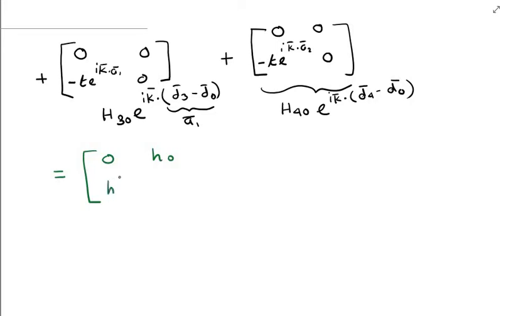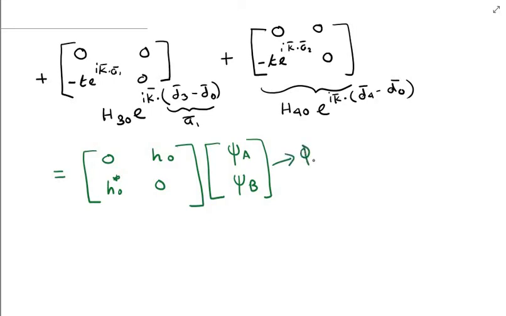and H0 complex conjugate 0, and as we know, by definition this is required to be Hermitian. Okay, why is this required to be Hermitian? So that the eigenvalues can be real. Okay, and this is precisely nothing but phi 0.